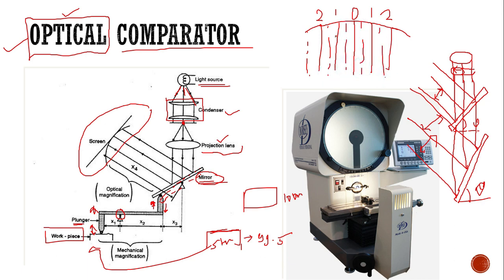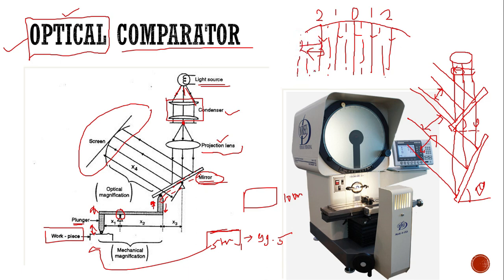Okay, because these are reference lines, and if it is moving to a specific percentage, you can measure this distance, and if the angle is further increased, this may go to here, so you can measure this distance.